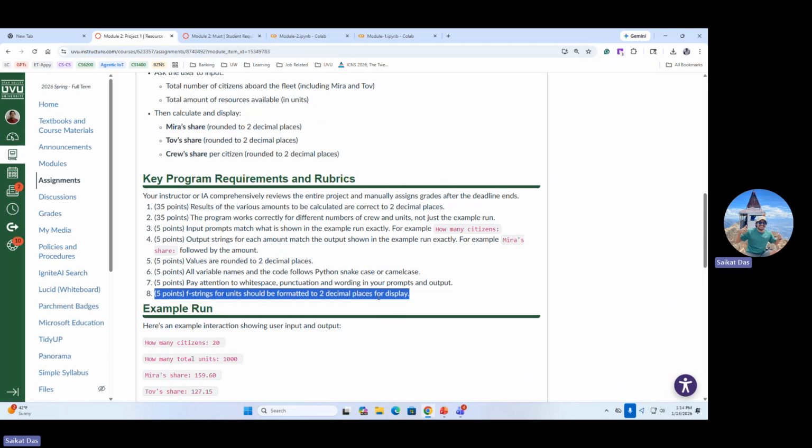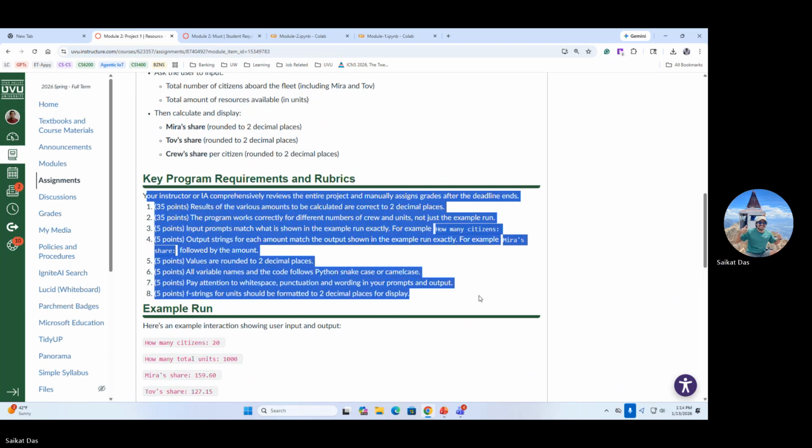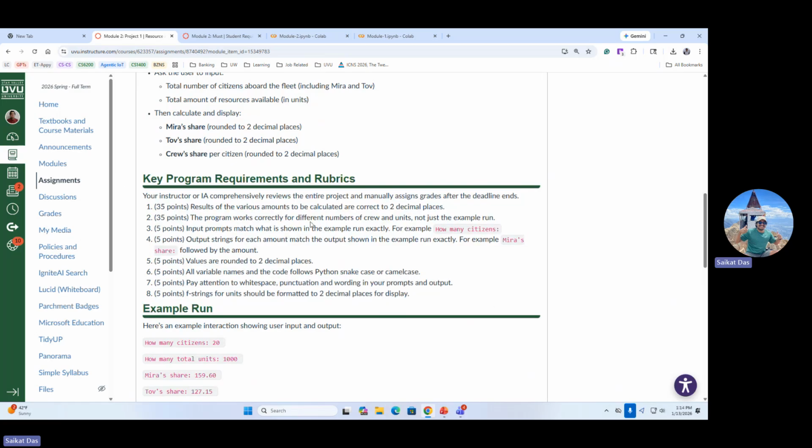Does that make sense? That means these are the contract actually. If I'm giving you a project, these are the contract. You need to follow each of the rubric. If you follow each of the rubric, then you can secure the 100 points. If you miss any of them, then probably you miss those points.